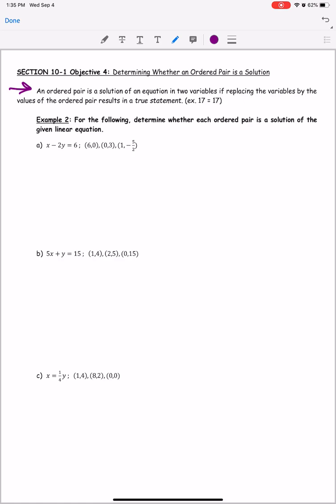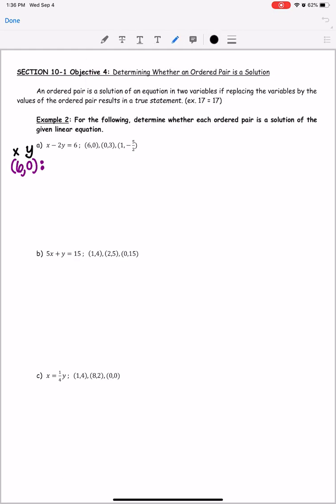So these are almost like 3 problems in one. So on this first one, when I use 6, 0, six is your x coordinate, 0 is your y coordinate.